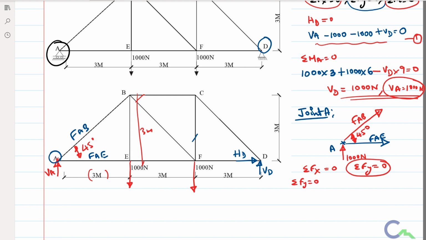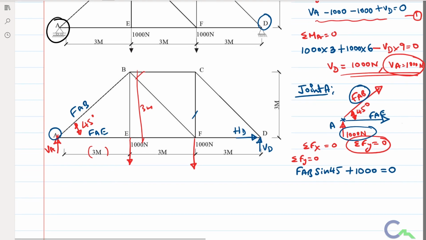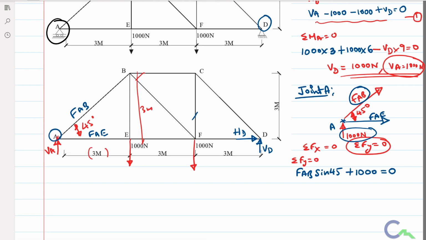Vertical forces, so FAB, if I resolve that in vertical direction, angle is given with respect to horizontal. Therefore vertical component is sine, that is FAB sine 45. The one more force, that is 1000 Newton acting upward, plus 1000 is equal to 0. If I see that FAE acting exactly in horizontal direction, there is no vertical component for FAE.